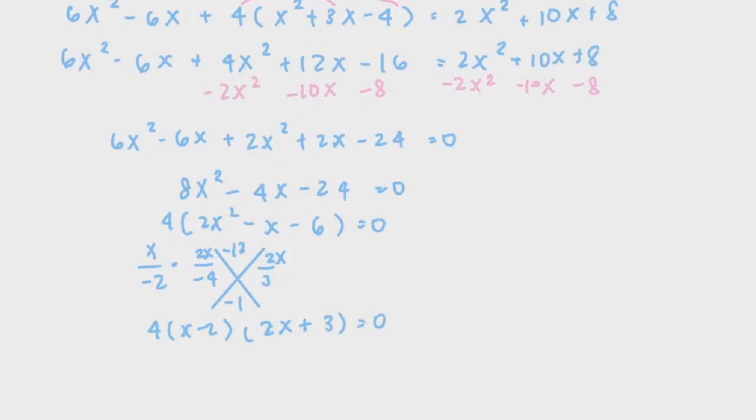We can divide everything by 4 to get rid of the 4, and we're going to set both equations equal to 0. So we have x minus 2 equals 0 and 2x plus 3 equal to 0. So we get x equals 2 and x equals negative 3 over 2.